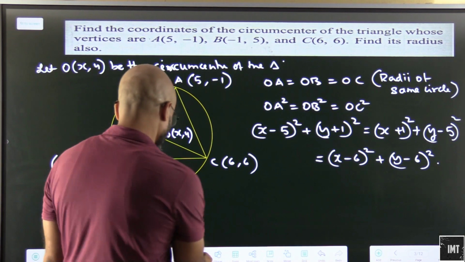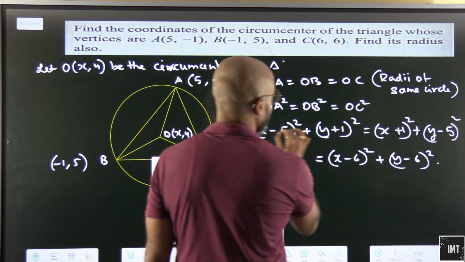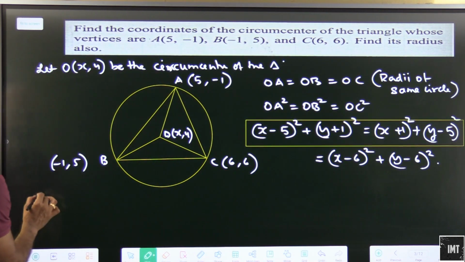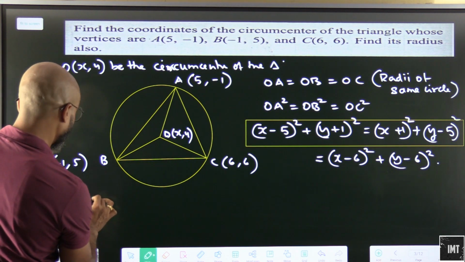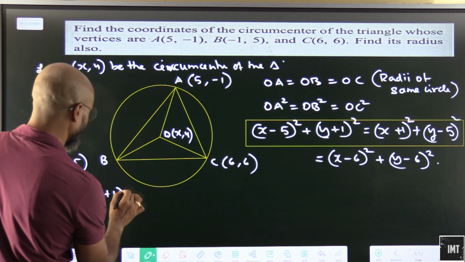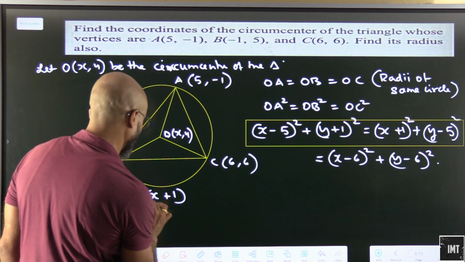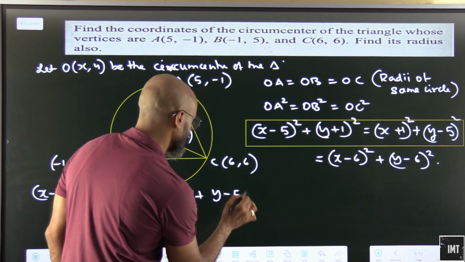Okay, so let's pick up equations one by one. If I pick up this equation, we will have (x minus 5) square plus (y plus 1) square is equal to (x plus 1) square plus (y minus 5) square.